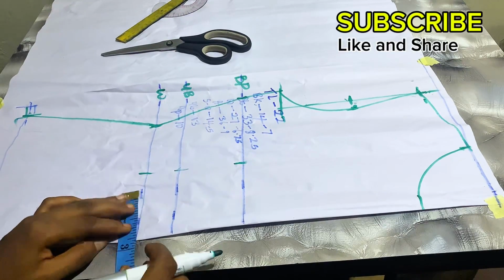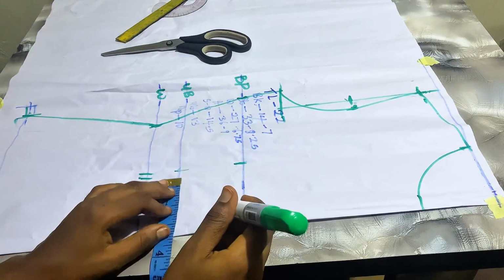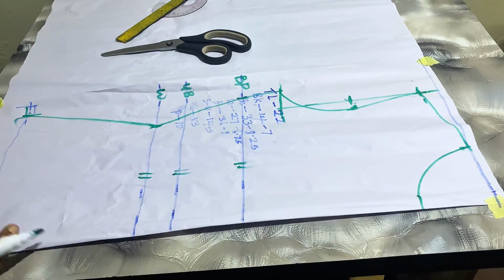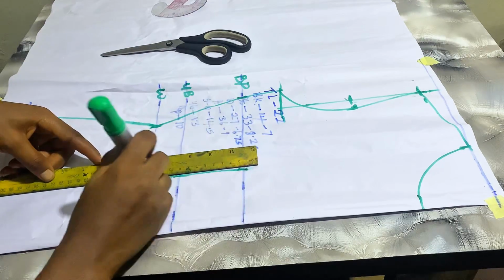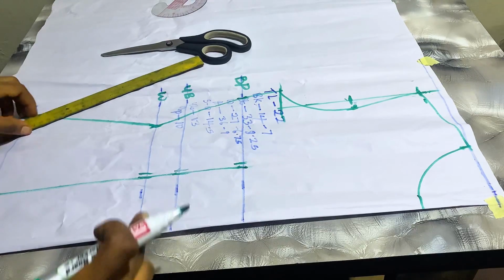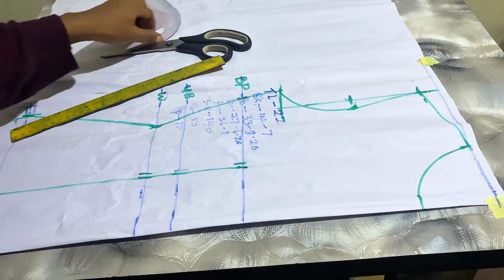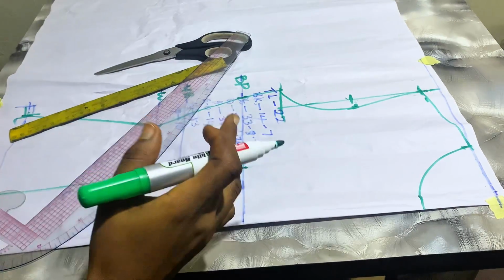Oh, sorry, our nipple to nipple is 3.2. Sorry for the mistake. We are going to use our ruler to join it together. After joining it, we are going to trace it to our armhole, because one side has the armhole, so that is why we are joining it to our armhole.